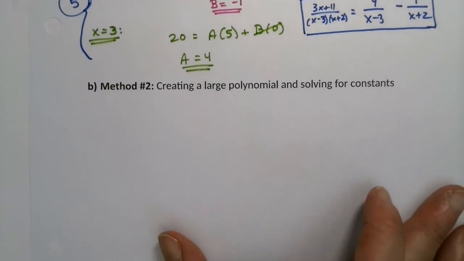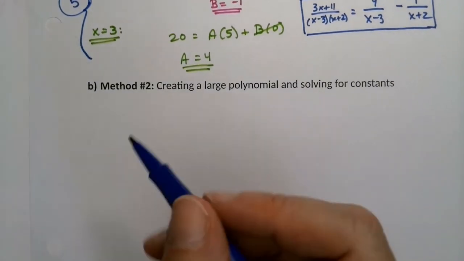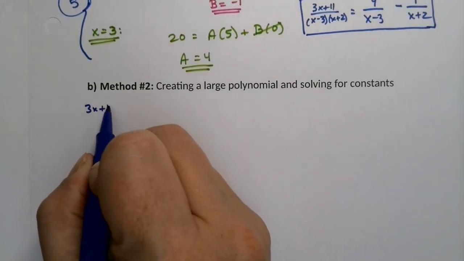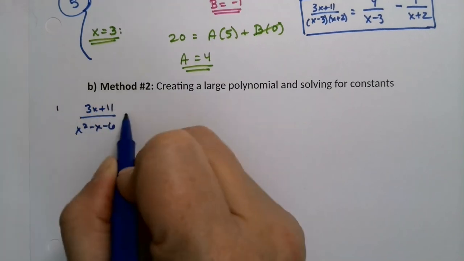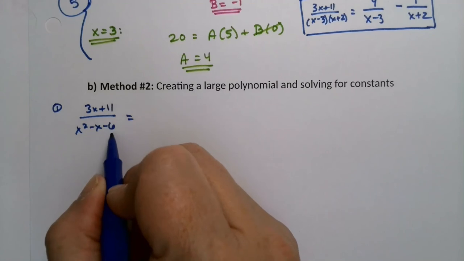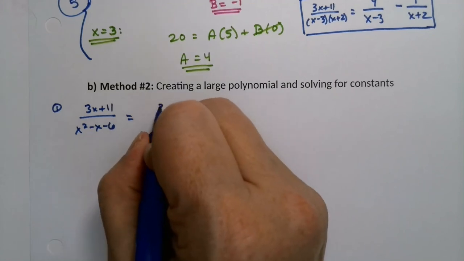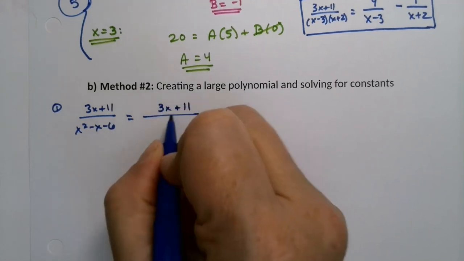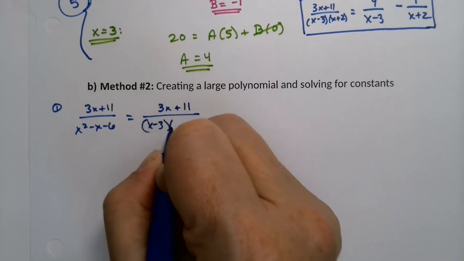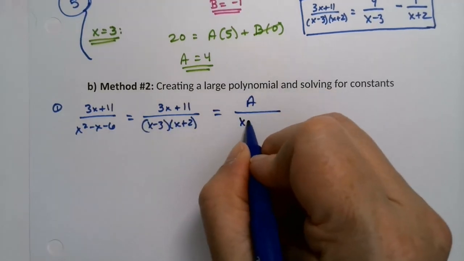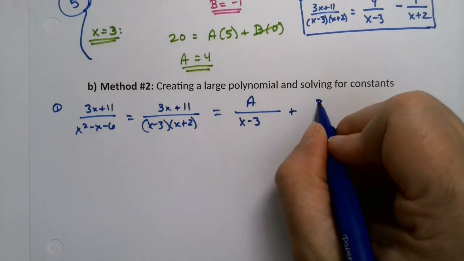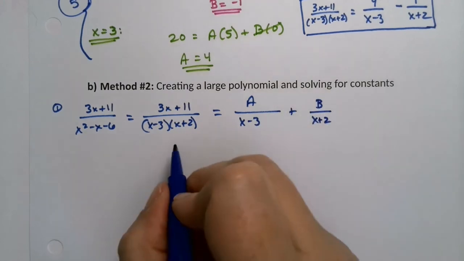All right, now method number 2 does the same first steps. So it's 3x plus 11 over x squared minus x minus 6. Step 1, done: you check that the degree of the numerator is less than the degree of the denominator. Then you factor. Then you rewrite it. All of this is the same. Then you make your equation.